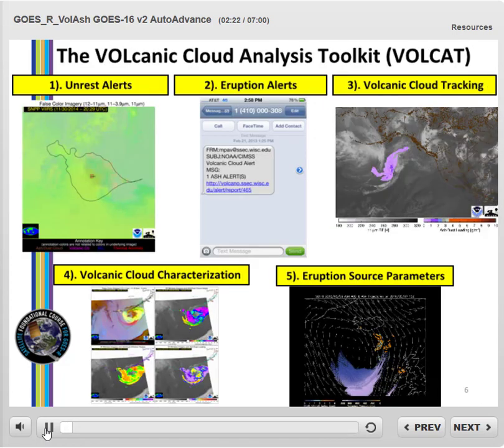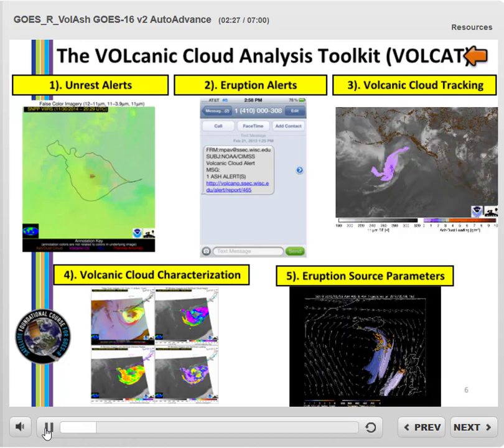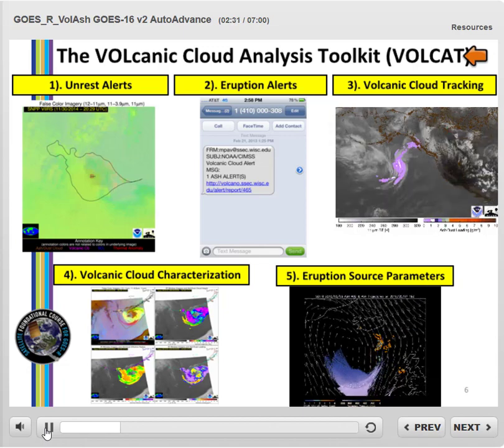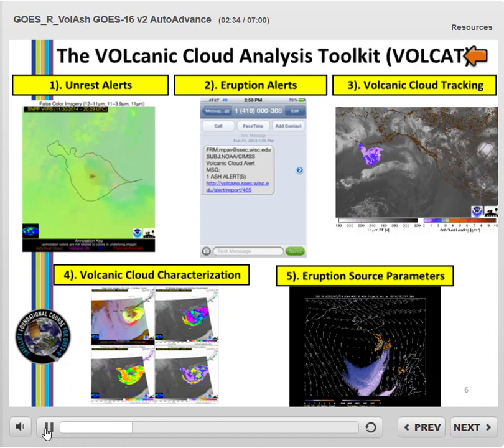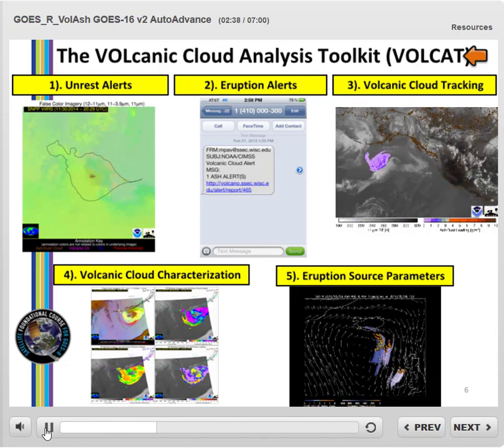Users have had access to VOLCAT, the Volcanic Cloud Analysis Toolkit products and services from a variety of GEO and LEO sensors for several years now. The algorithm that produces the baseline GOES-R volcanic ash product was finalized in 2010.